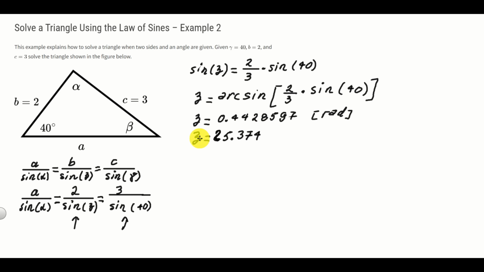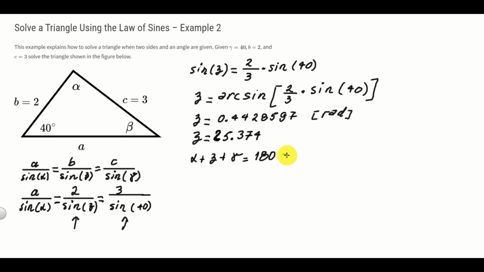Since we have determined beta and we know this angle, we can simply determine alpha. Namely, we know that the sum of the angles in a triangle is equal to 180 degrees. So we can write alpha plus beta plus gamma is equal to 180.